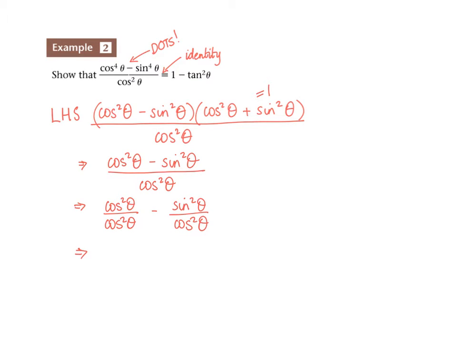So our first part is going to be 1, and then we know that sine theta over cos theta is equal to tan theta, so if we just square it, we're going to get tan squared theta, a sine squared over a cos squared. So again, that's an identity, and what we say is that's equal to the right hand side, so we've actually shown it. QED.